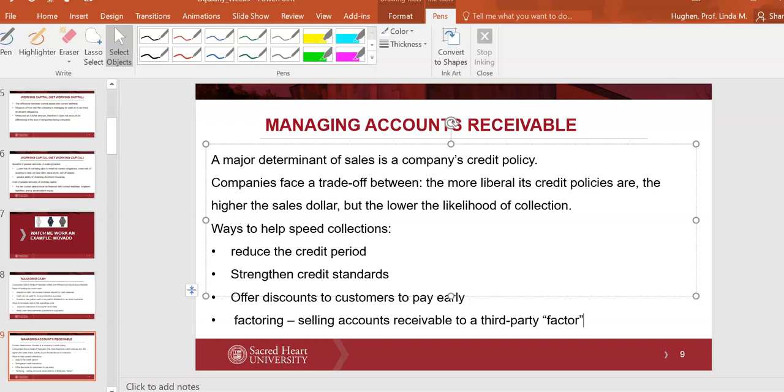The factor will have to wait around for the customers to repay. But of course, the factor is going to charge us some fee for this. So this factoring is actually quite similar to a collateralized loan where they're paying up front minus a fee. And then the collections are going to be done over time from our customers directly to that factor.